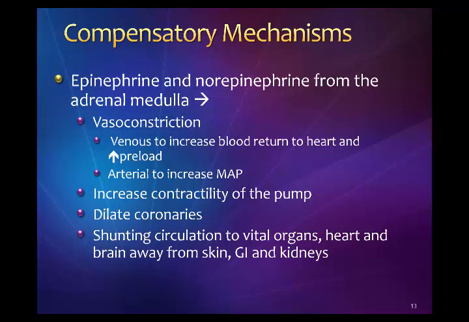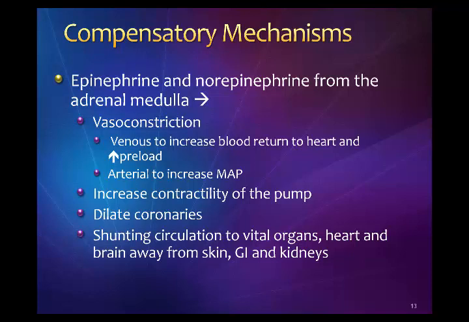Now remember, preload, the way to think about that is that balloon, blowing up the balloon, you let go and you get a lot of pump or push across the room with it. So you want to think about that. So preload is the amount of stretch that results in a greater contraction. So the more we blow that balloon up, the greater preload we have. So through vasoconstriction, we can increase that preload in the heart.